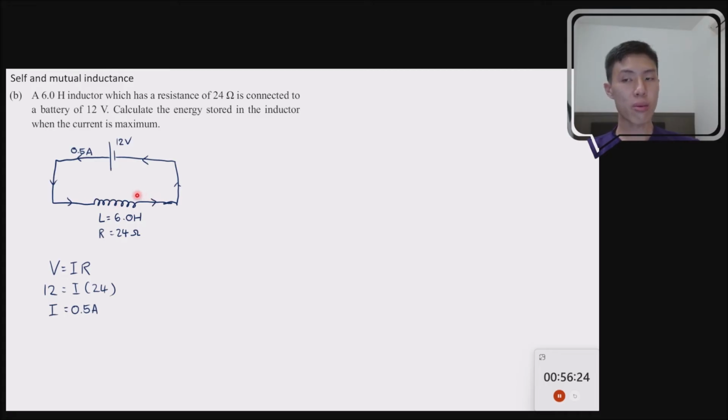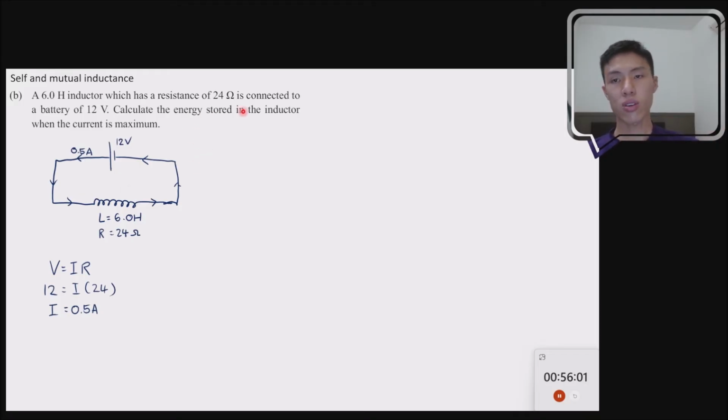So you slow down the increase of this current to 0.5. It is increasing from 0 to 0.5, but this process is slowed down because there's a back EMF trying to oppose this increase of current. So your current will still increase from 0 to 0.5, but it will take a longer time because there's a back EMF trying to slow down the process.